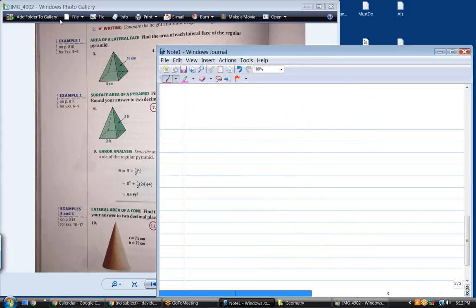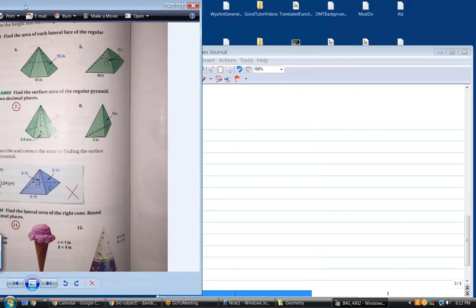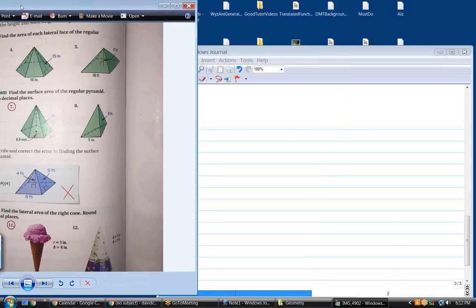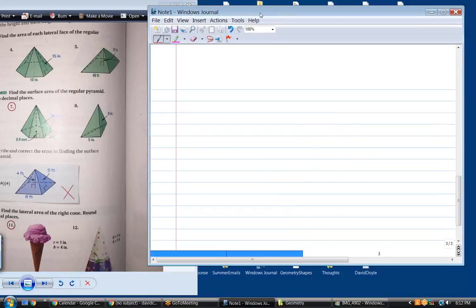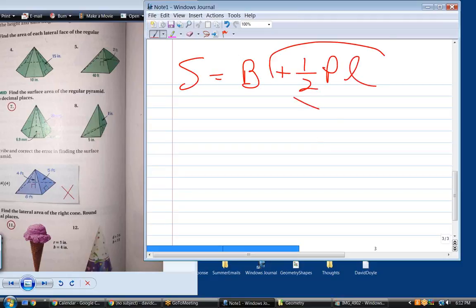Okay. Let's have a look at the next one, number 4. Same question. Surface area equals the area of the base plus 1/2 the perimeter times lambda. Again, for these first 3 questions, we only care about that part.